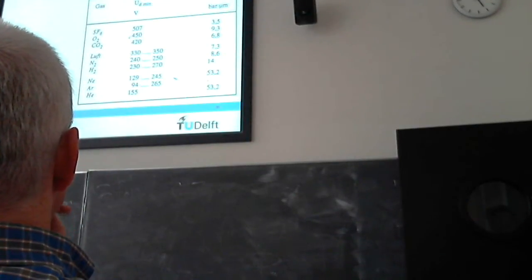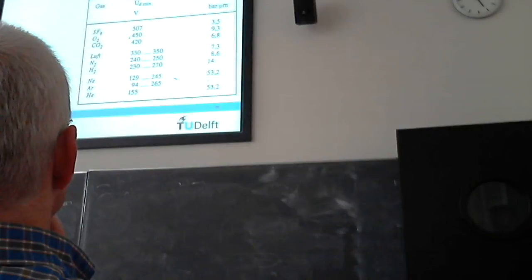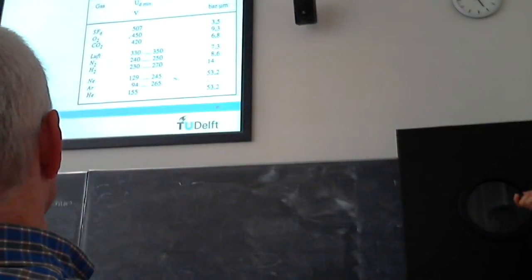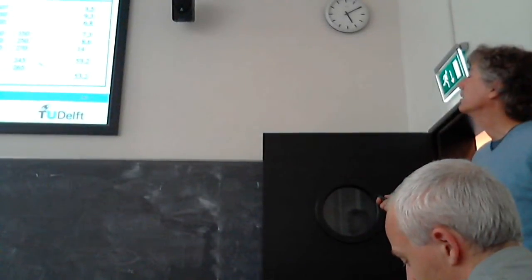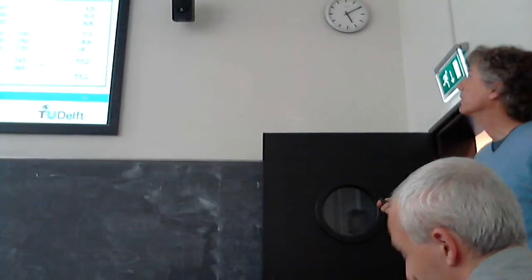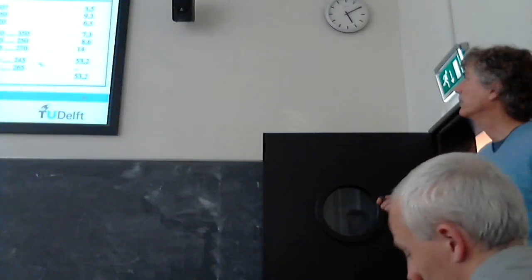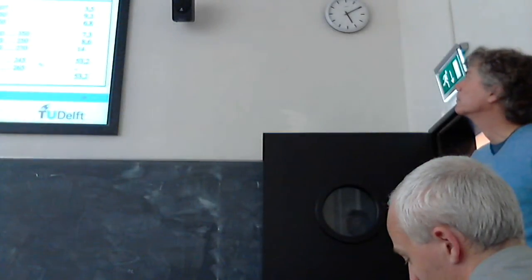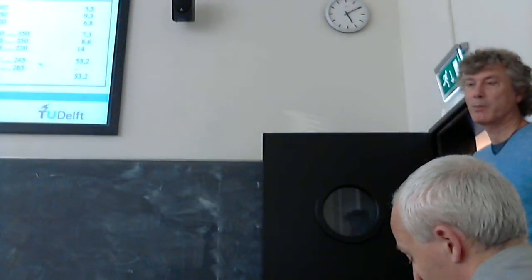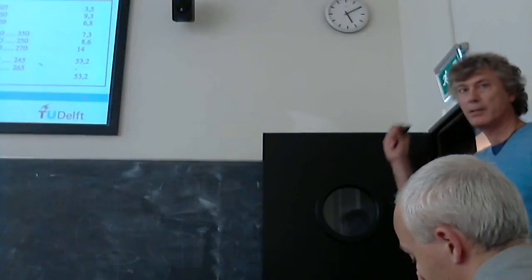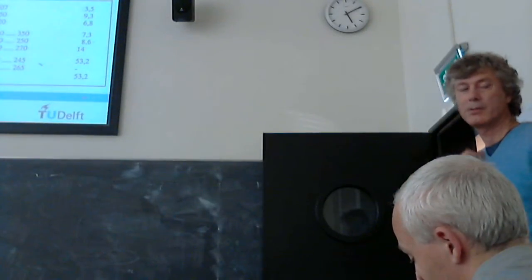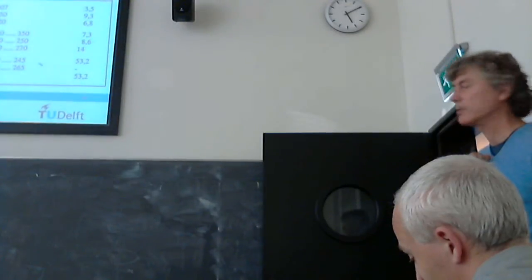For air, Luft, it's air in German, Luft in Dutch, you see that the minimum occurs at a product of P and D of about 7 bar micrometer. So the minimum breakdown in ambient air, 1 bar, is at a distance of 7 micrometers between the electrodes.